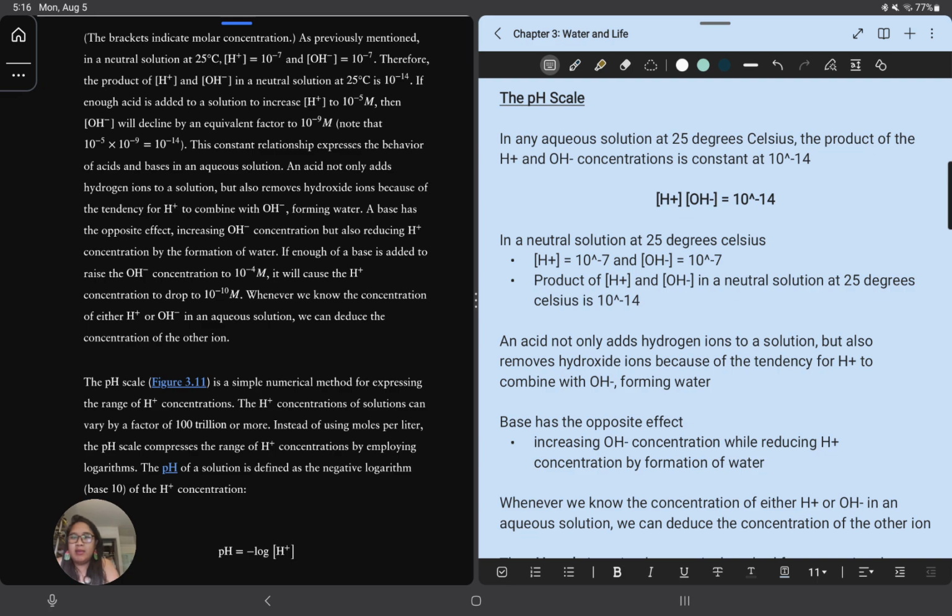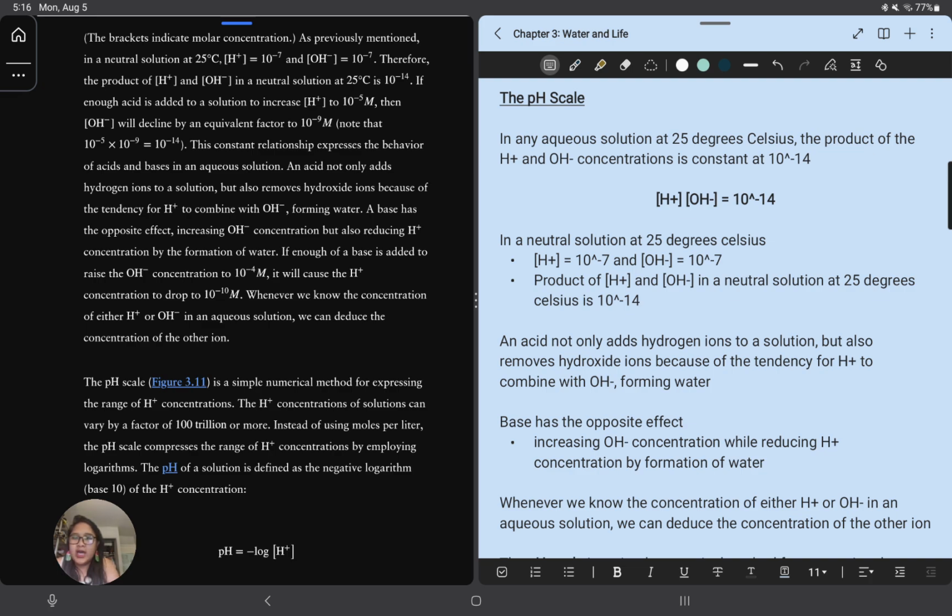The brackets indicate molar concentration. As previously mentioned, in a neutral solution at 25 degrees Celsius, hydrogen ions equal 10 to the negative 7th, and hydroxide ions equal 10 to the negative 7th as well.